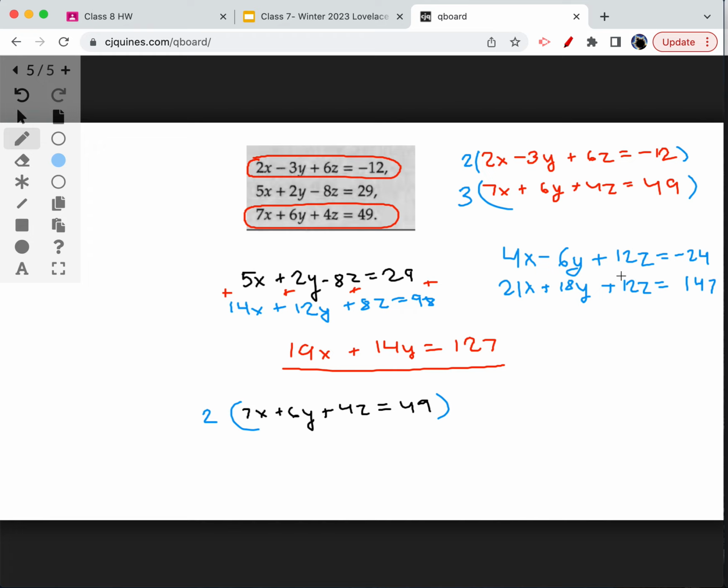So then we can subtract the first equation from the second equation to get 17x plus 24y is equal to 147 minus 24, which would just be 171.